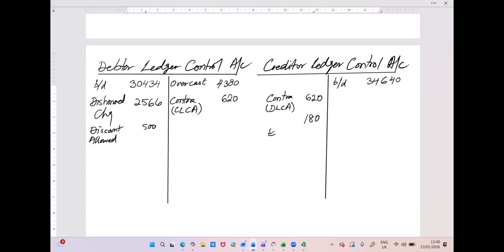Let me write that clearly. Transposition error, and that is 180.